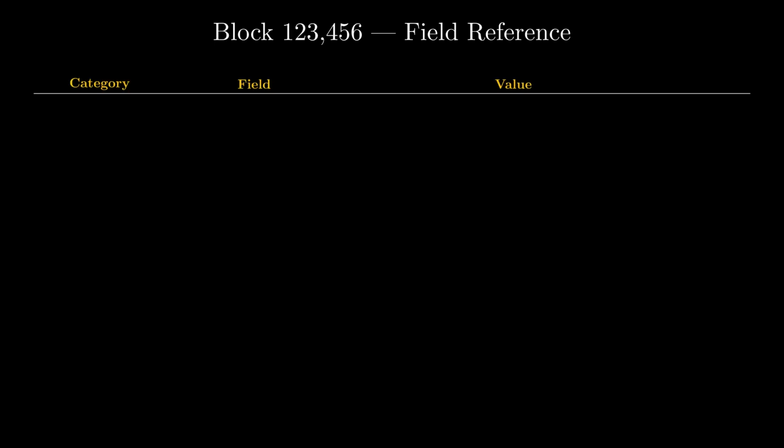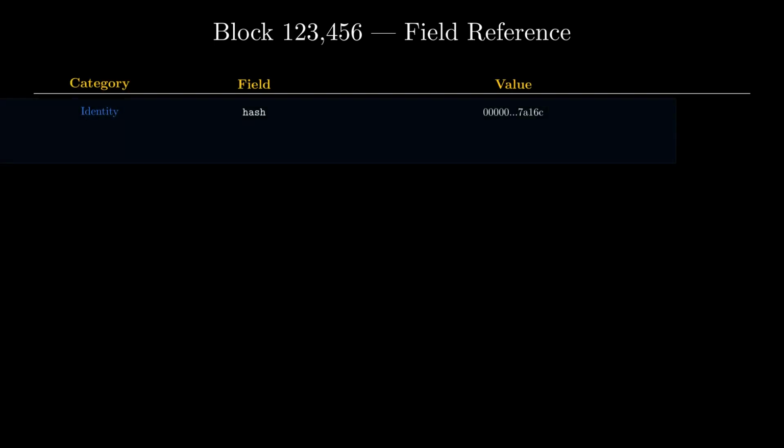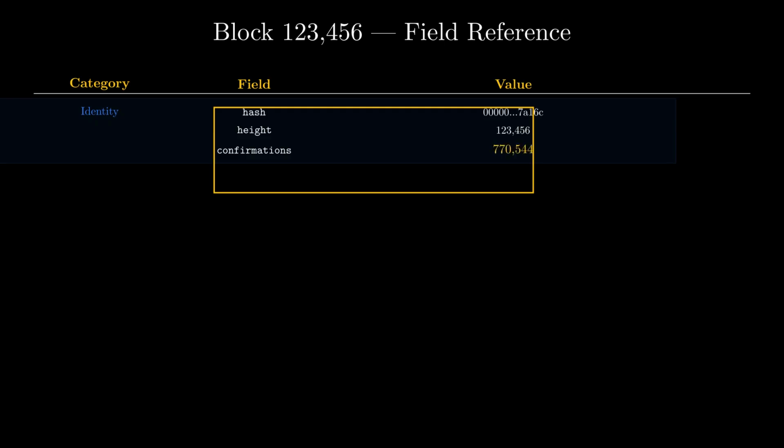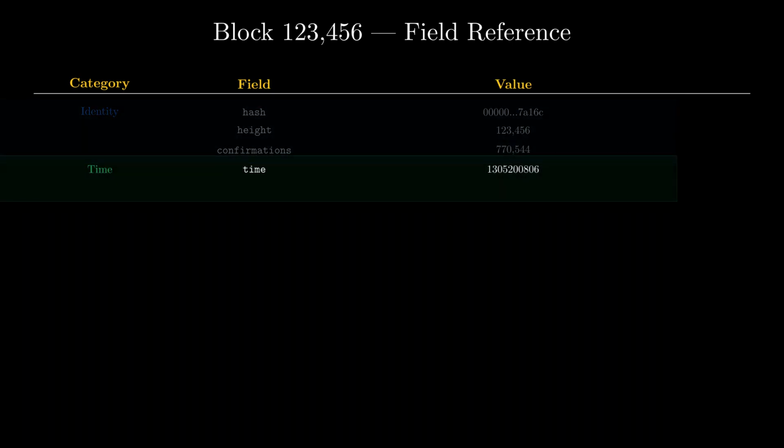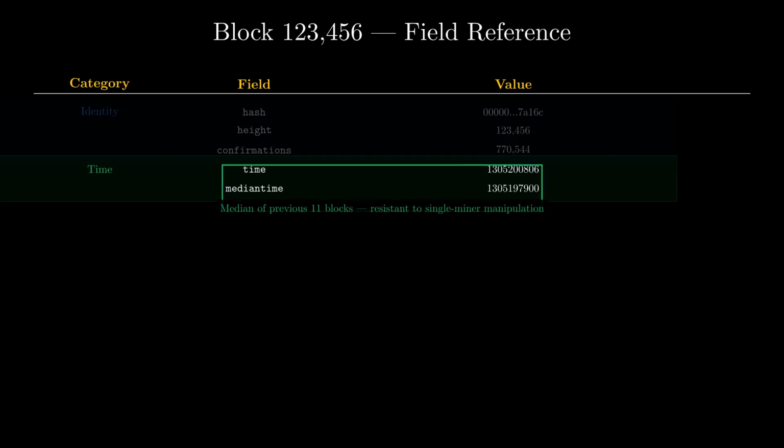Block 123,456 returns a rich JSON object. Group the fields by what they tell you: identity, the hash, the height, and confirmations. How many blocks have been built on top, quantifying how expensive it would be to alter this record. Time, the timestamp set by the miner, and the median time from the previous 11 blocks.